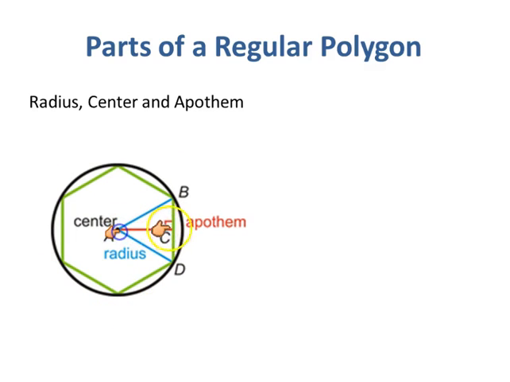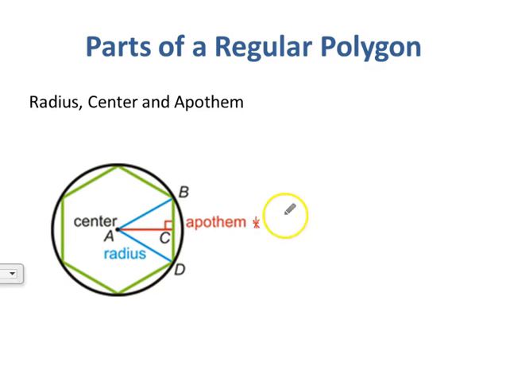What's important is that the apothem forms a right angle with the side of the polygon, just like we had to do for heights of triangles and heights of parallelograms. This is very important.